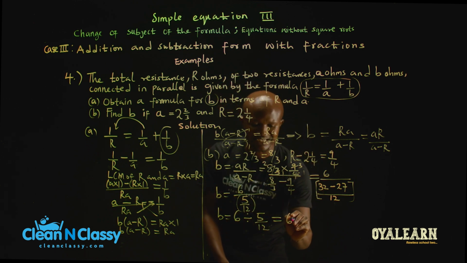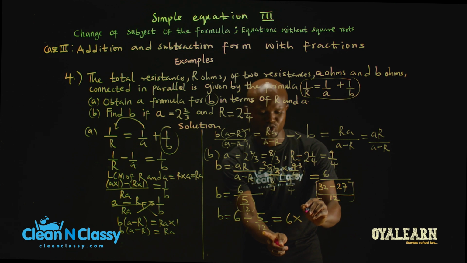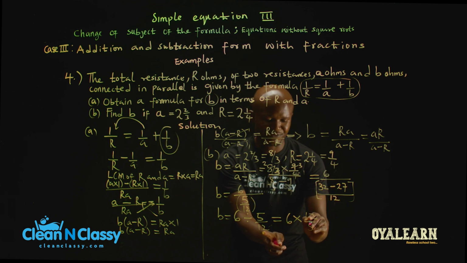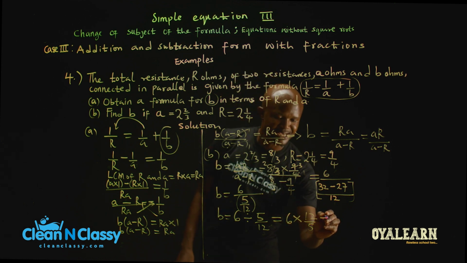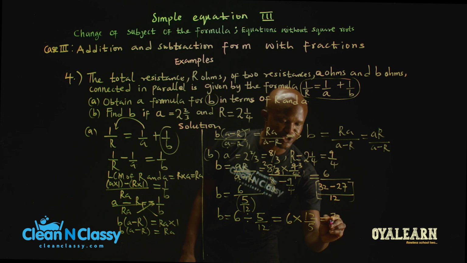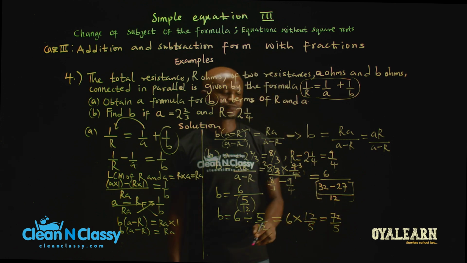So this is 6 times 12 divided by 5. What is 6 times 12? 6 times 12 is 72. So we have 72 divided by 5.